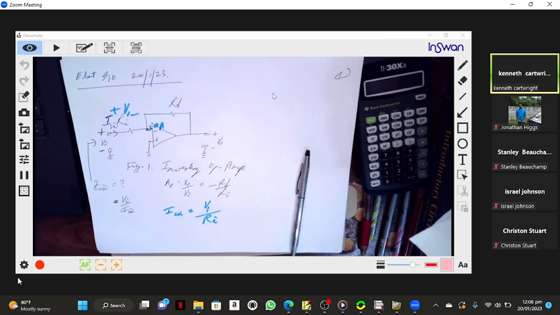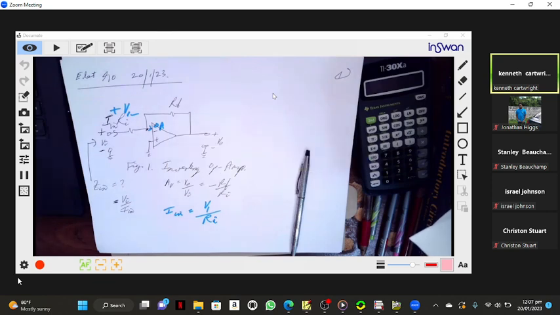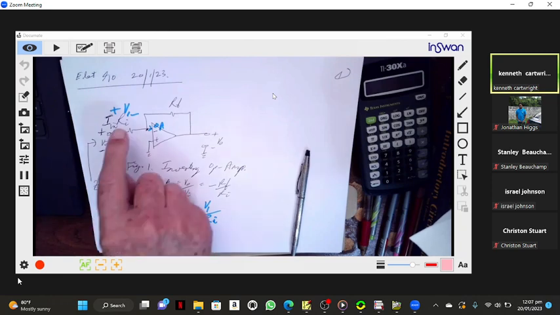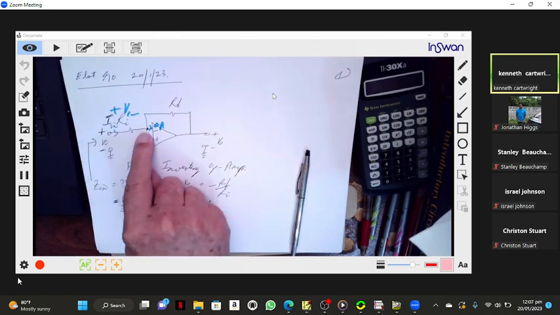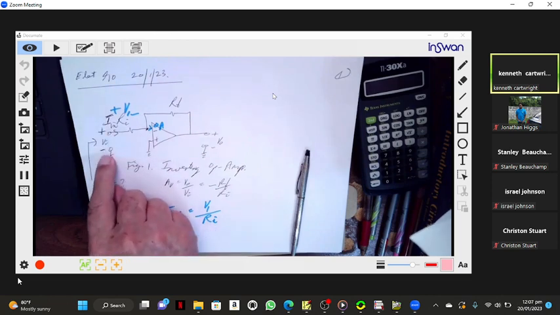Voltage is not like current. Current flows. Voltage does not flow. Voltage is across two points. Voltage V1 is from this point to that point. Vi is from that point to that point.